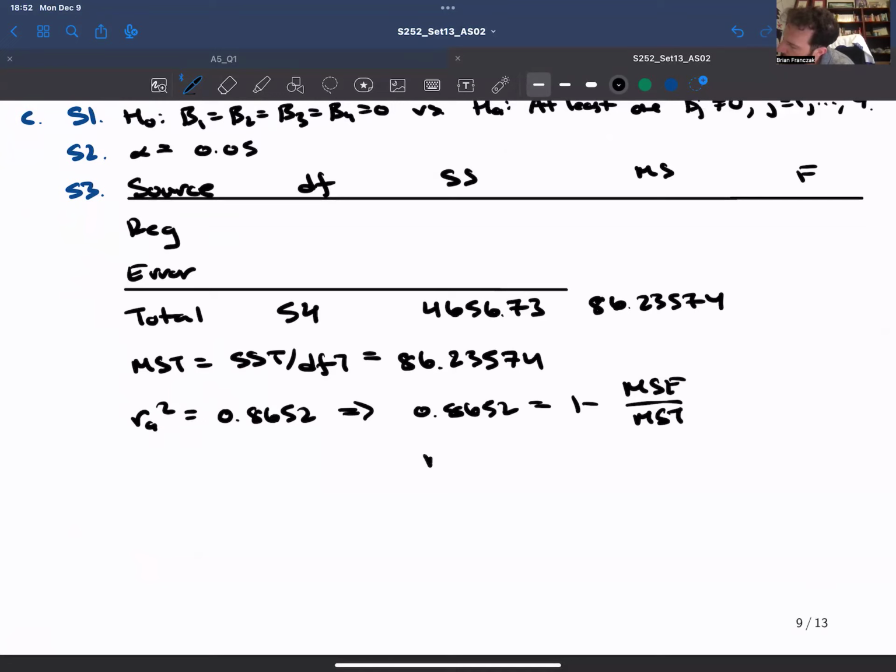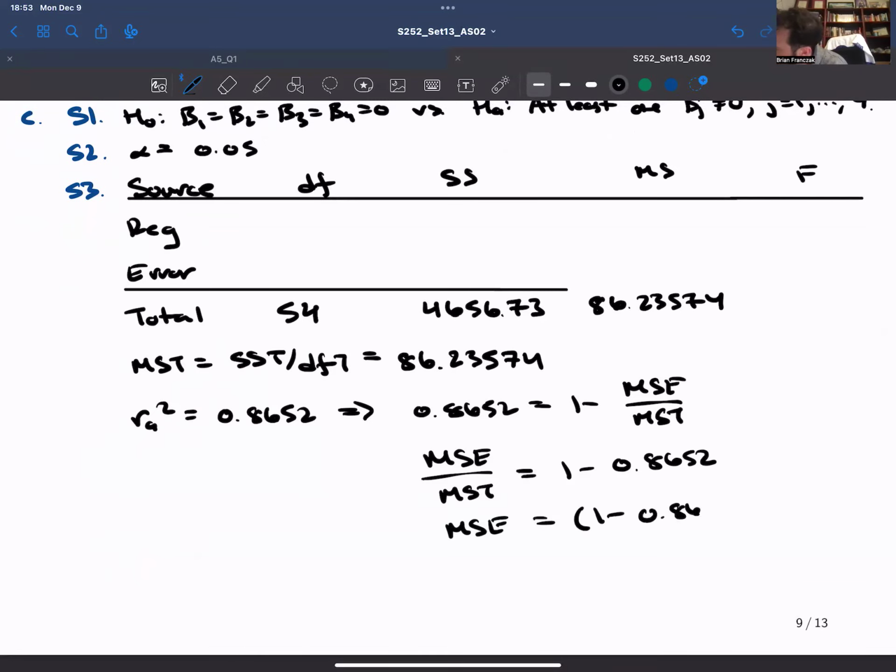So that means that the MSE over the MST is equal to 1 minus 0.8652, which means the MSE is equal to 1 minus 0.8652 multiplied by the MST, which is 86.23574.